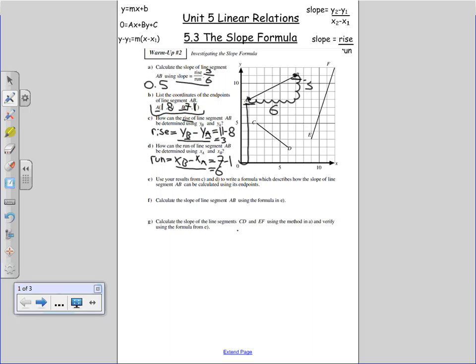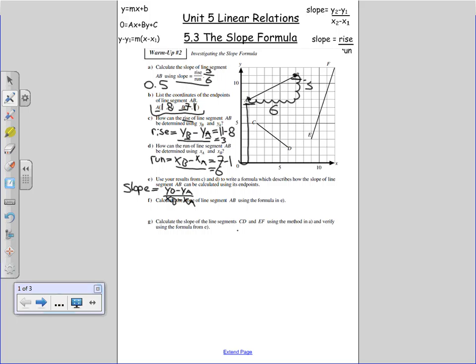So your formula that you want to put in here would be slope is equal to YB minus YA divided by XB minus XA. Because those just represent your rise and your run. And that'll work for any points that you're given, as long as it's a straight line and you know that they're going up in a straight line or down.